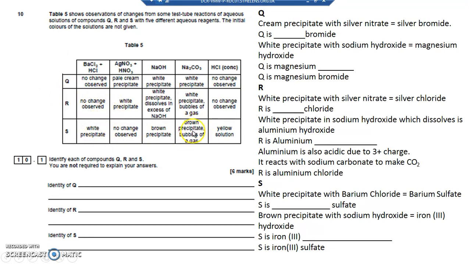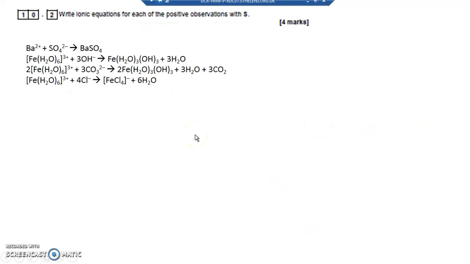Next one is precipitate and bubbles of a gas. So Fe(H2O)6 3+ is my complex iron 3 ion. Carbonate ions are CO3 2-. If you weren't sure of the 2-, look at the oxidation states. Oxygen is in group 6, so it forms 2- ions, oxidation state -2. And if I've got 3 of those, I've got oxidation state -6.